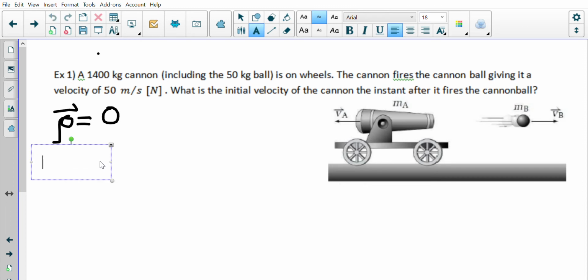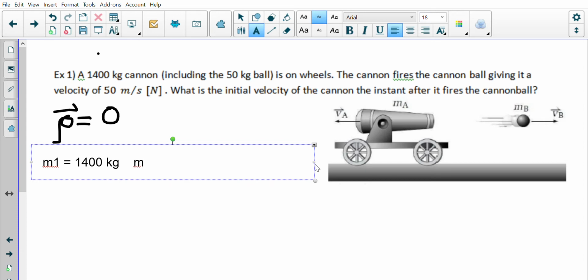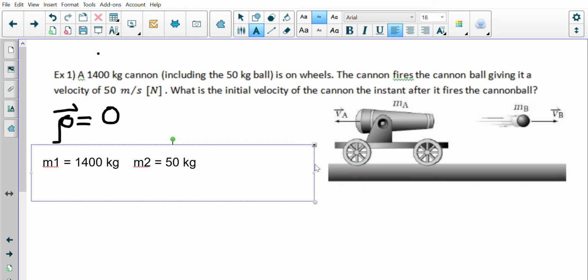All right, so we have information, our m1. I guess the cannon will be our first object. It's 1,400 kilograms. m2, we have the cannonball, which is 50 kilograms. All right, now, the final velocity.